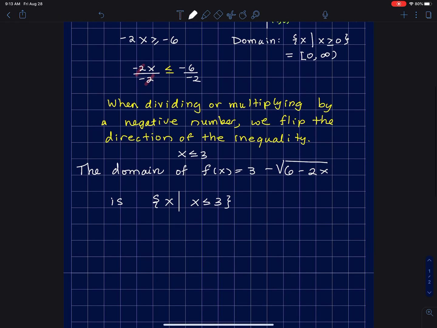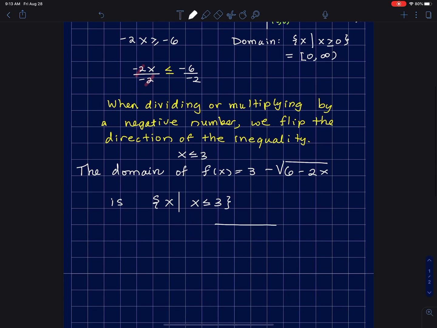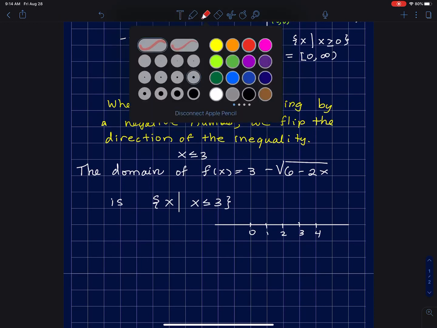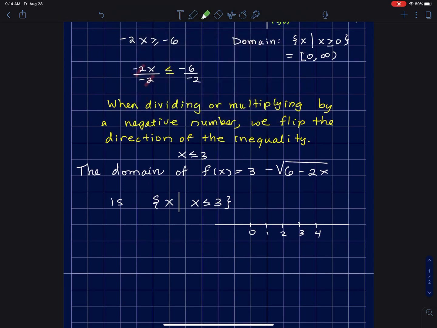Now, to help me do the interval notation, we can just get the answer more quickly, but I'm trying to explain, and by overdoing it, sometimes it makes it more complicated. But x less than or equal to 3, when I graph it, looks like this.